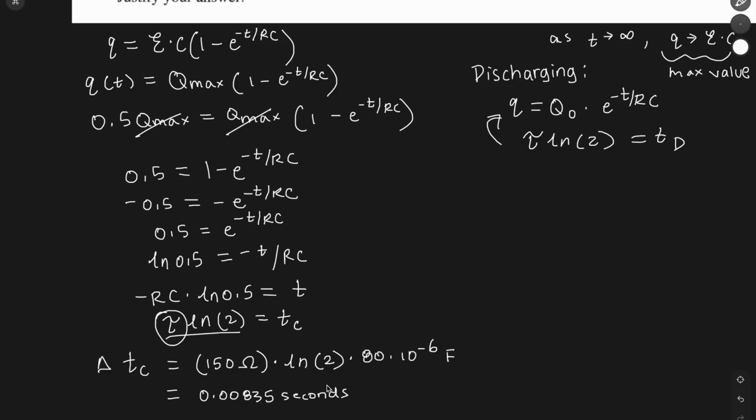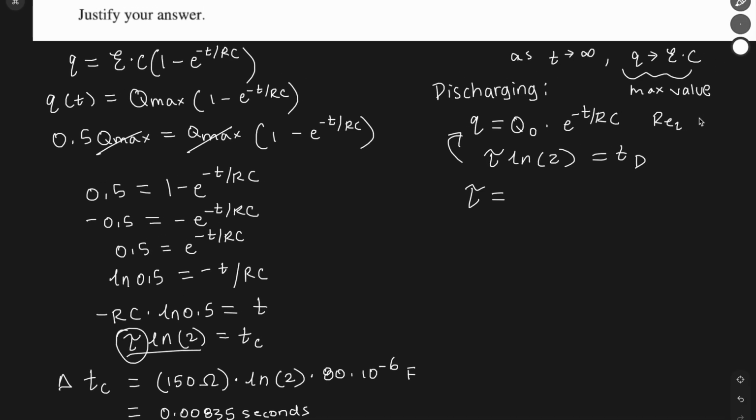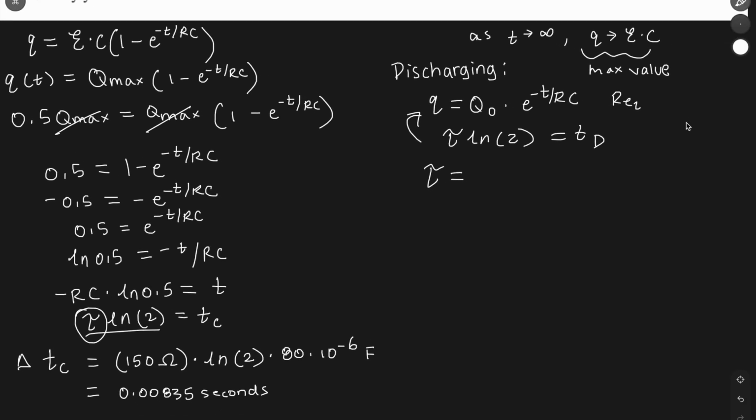Okay, moving on to our discharging, tau is going to be equal to the equivalent resistance, which was 250 ohms, times 80 times 10 to the negative 6.